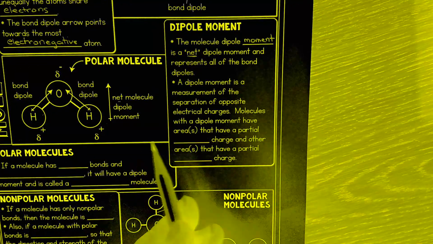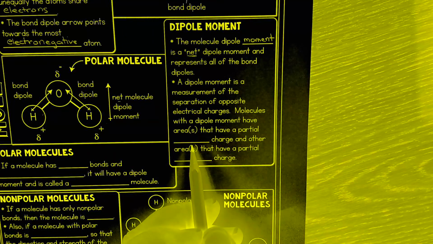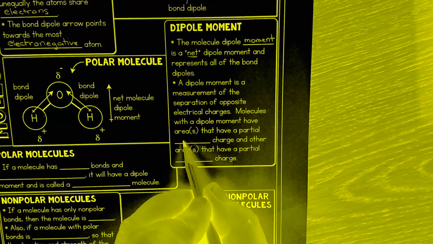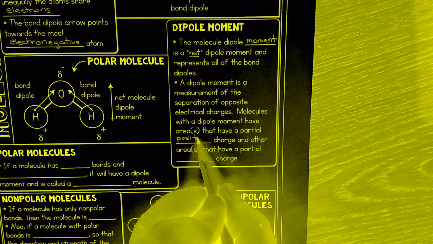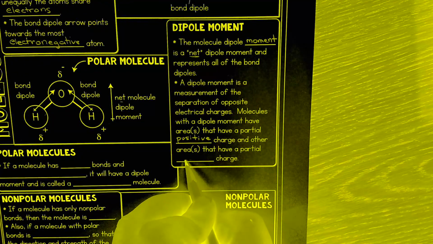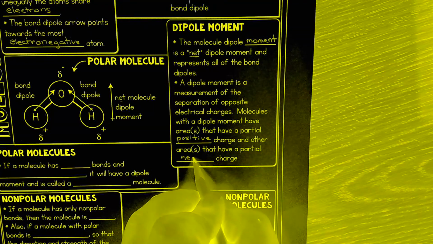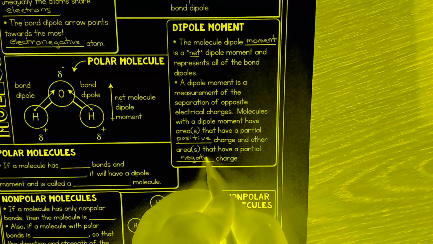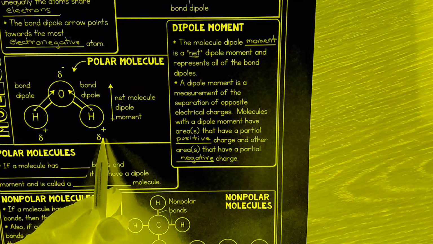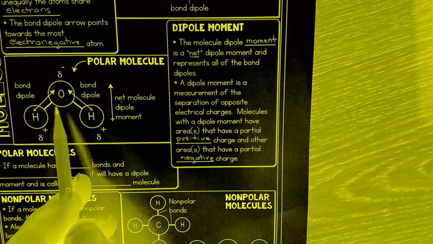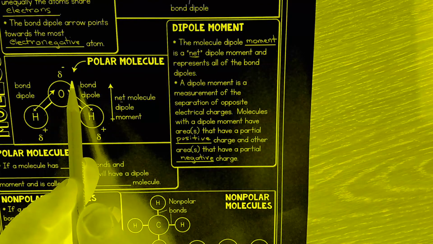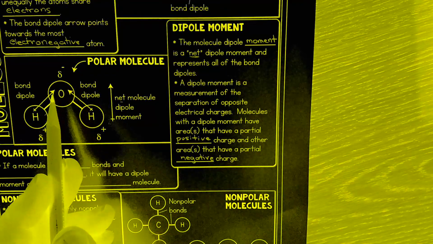Right. So like it says here, molecules with a dipole moment have areas that have partial positive charge and other areas that have a partial negative charge. So the positive partial charge in water is on the hydrogens. The partial negative charge is on the oxygen.